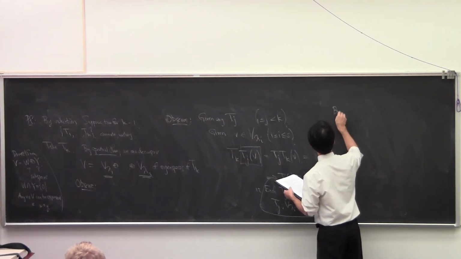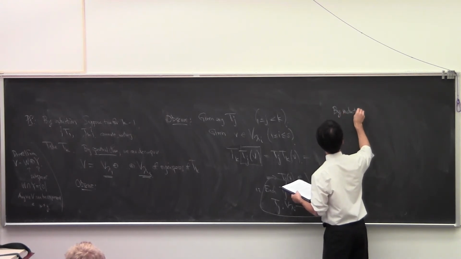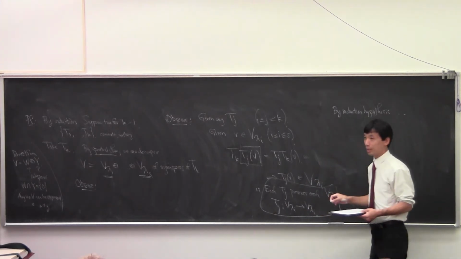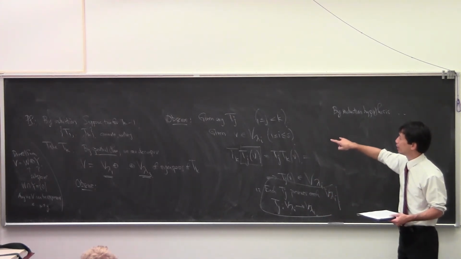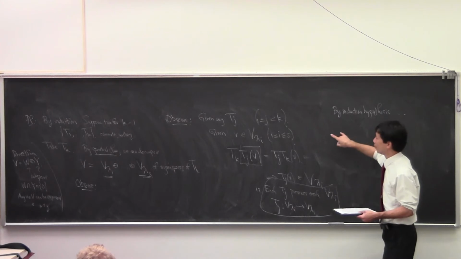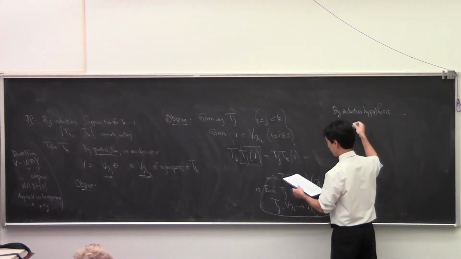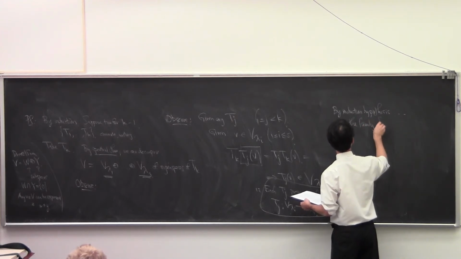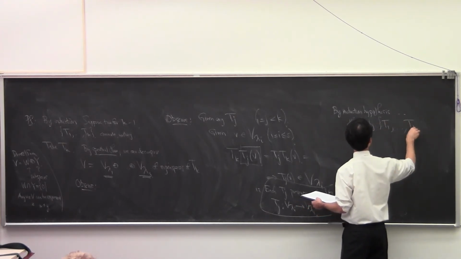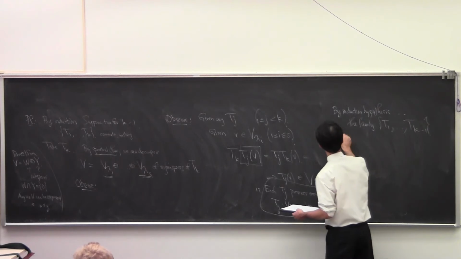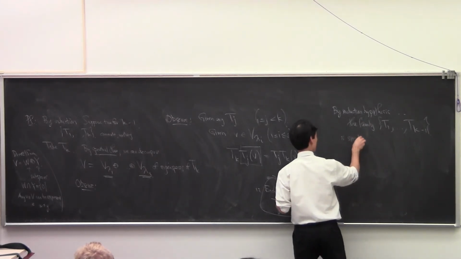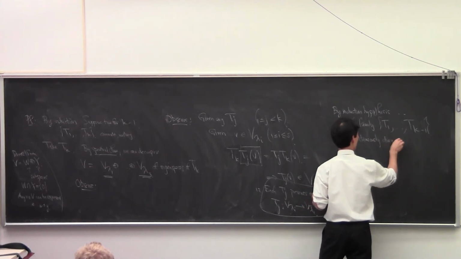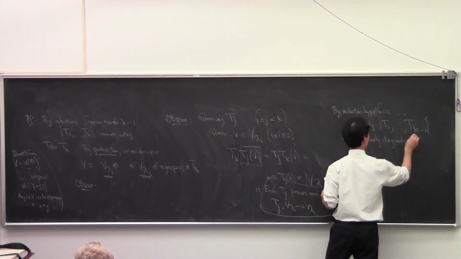So by induction hypothesis, the family T1 to Tk minus 1 is simultaneously diagonalizable, right?